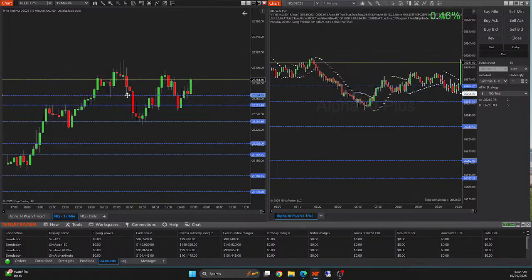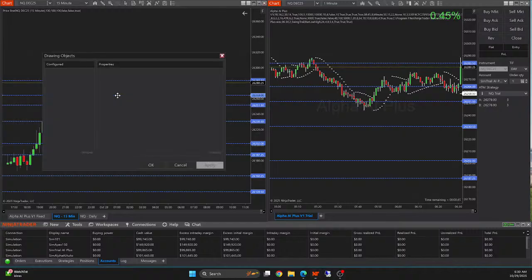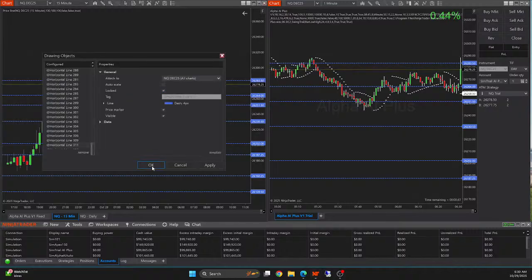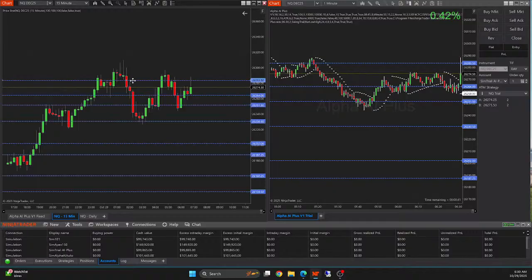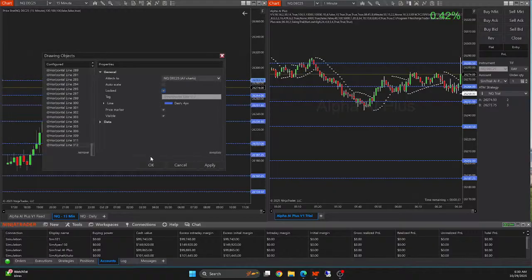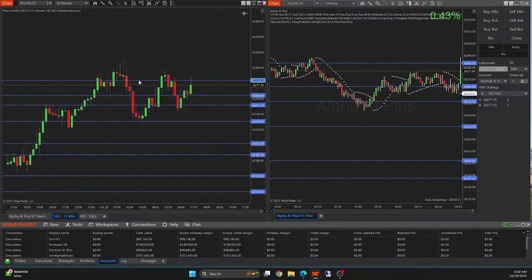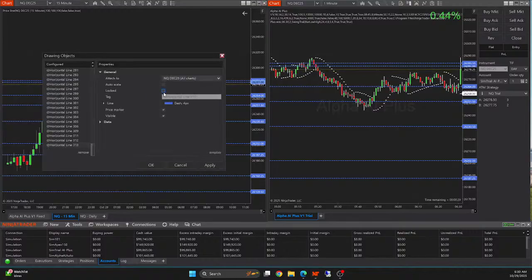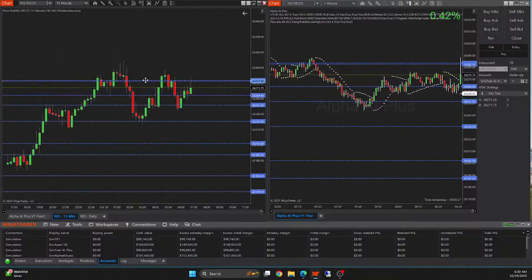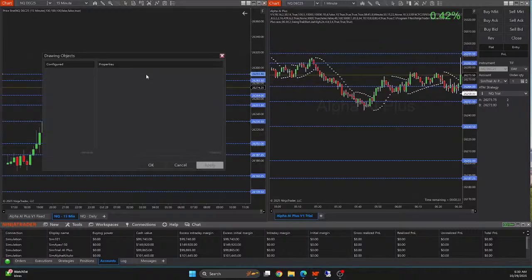There's another area here. Another area here. Very obvious. Another area here. Obvious too.